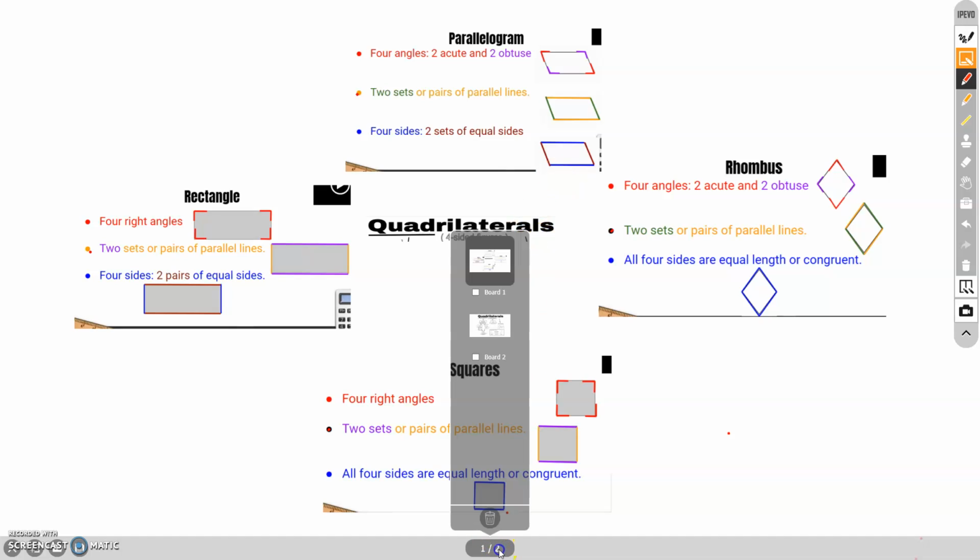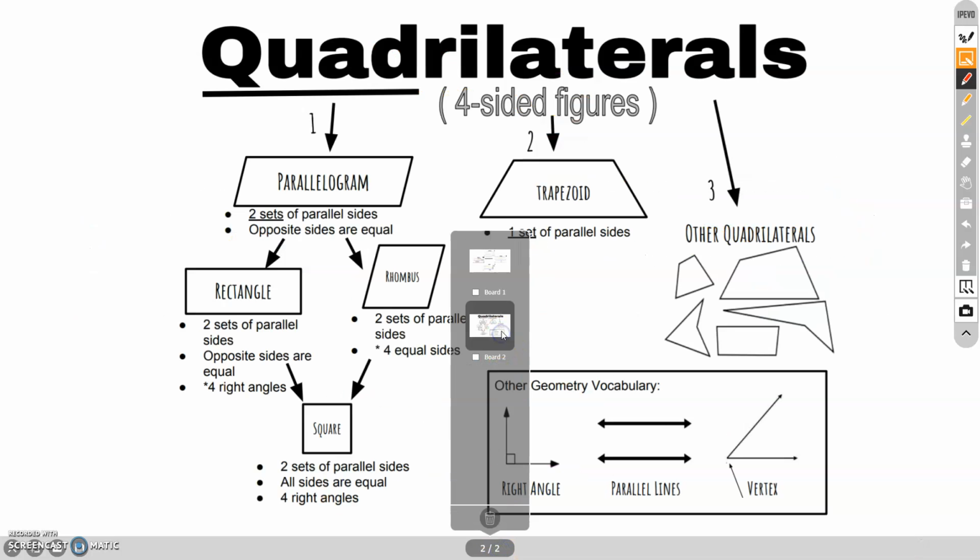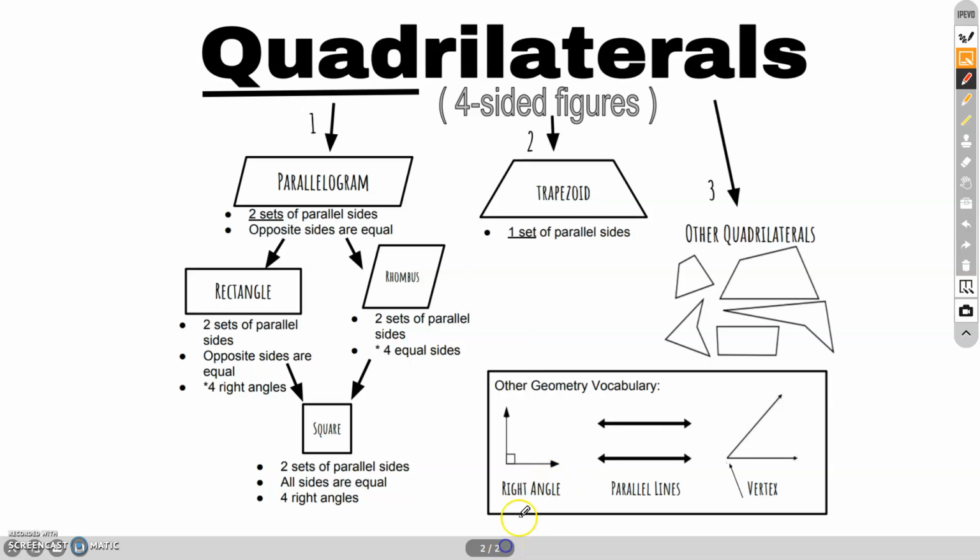Okay, so let's go to our next one, which is the trapezoid. The trapezoid is the only quadrilateral that has one set of parallel sides. And if you look at this, the parallel sides would be the bottom and the top. If I would extend those out, they would not touch.